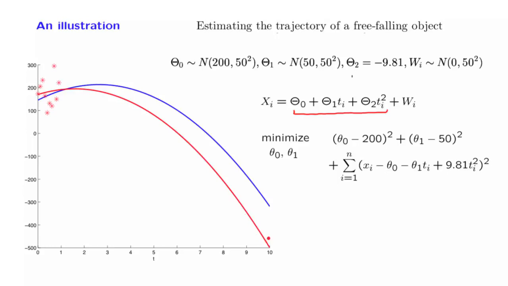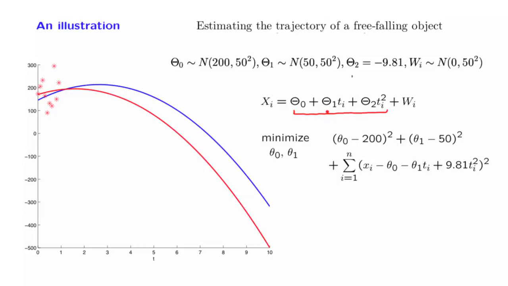It seems to be doing somewhat of a reasonable job, but not quite. The distance between these two curves is quite substantial. How could we do a little better? Why is it that we're not doing very well? Let's think intuitively.